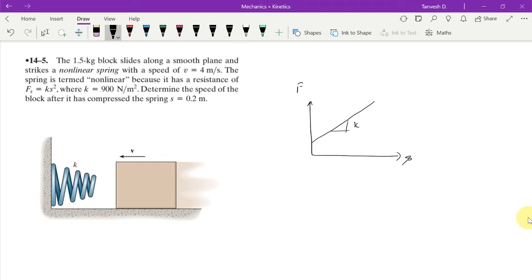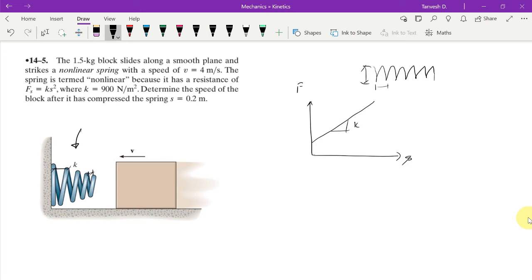These kinds of springs are generally of equal pitch and equal diameter, so the diameter remains the same, and the pitch between each turn remains the same. Such springs are termed linear springs. But in this case, it is seen that this bigger diameter, and you can see the pitch is also greater, is easier to compress as compared to this one.